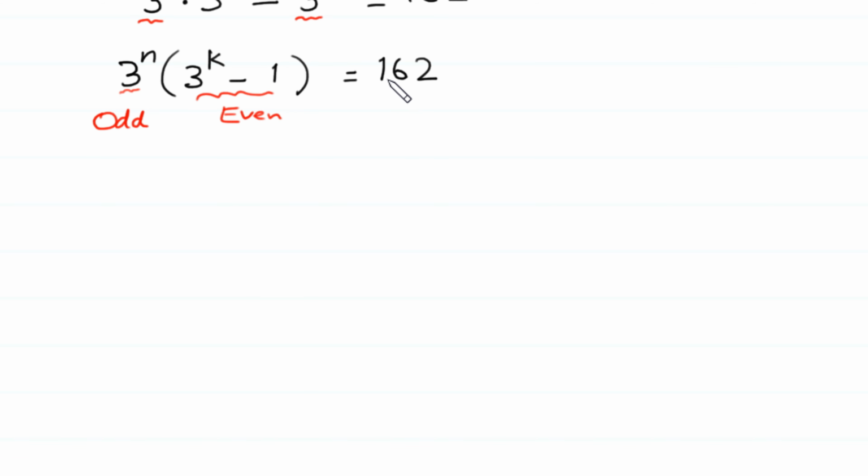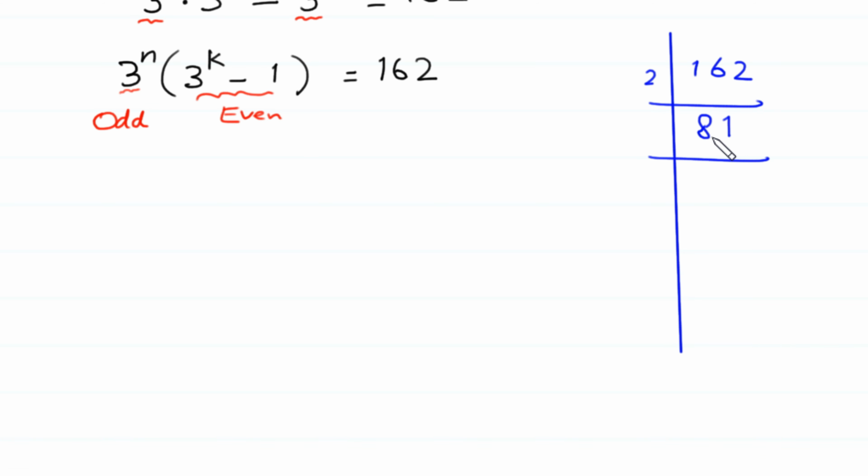And if we factorize this number 162, 162 is divisible by 2: 2 times 81 is 162, and this number 81 is divisible by 3. 3 times 27 is 81.